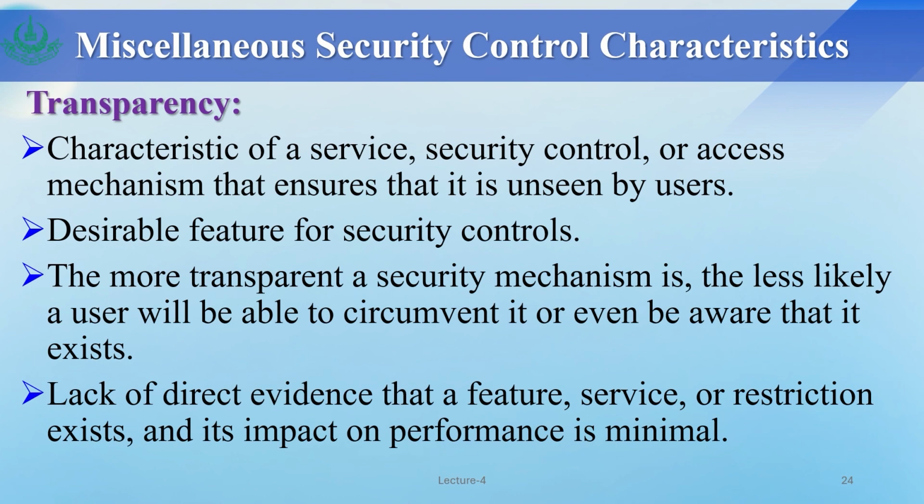The more transparent a security mechanism is, the less likely a user will be able to circumvent it or even be aware that it exists. There is a lack of direct evidence that a feature, service, or restriction exists, and its impact on performance is minimal.